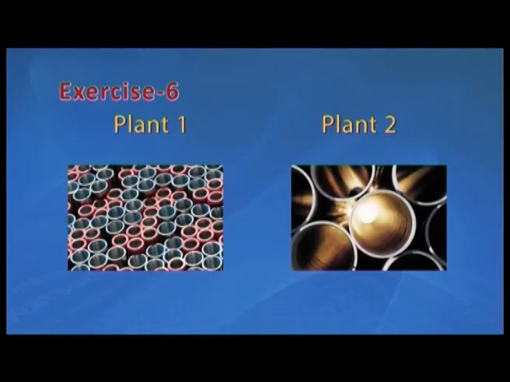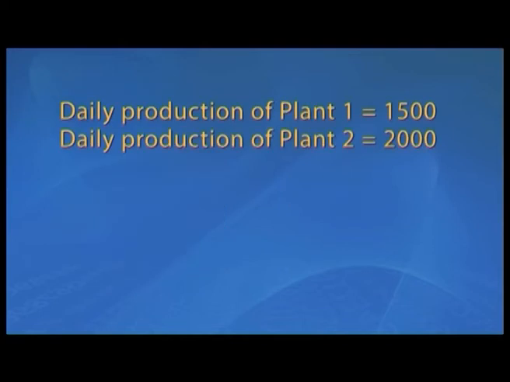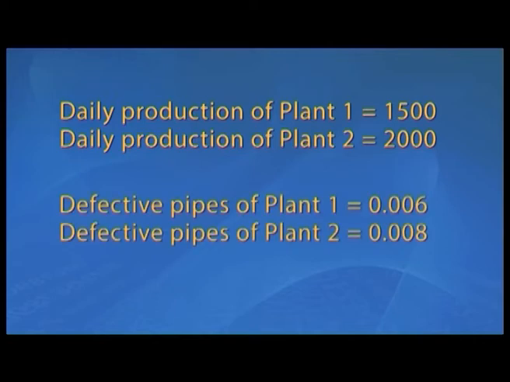Let's take another problem. A manufacturing firm produced pipes in two plants, 1 and 2, with daily production of 1,500 and 2,000 pipes respectively. The fraction of defective pipes produced by the two plants are 0.006 and 0.008 respectively.